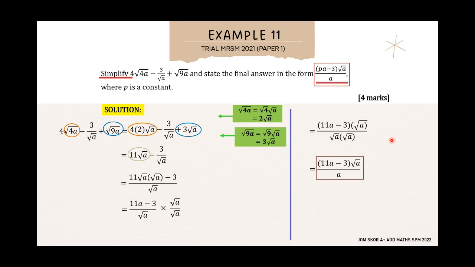So, saya akan dapat 11a minus 3 multiply by square root of a over a. Kita tengok balik, sama tak dengan form yang dia minta. Sama kan? We have pa minus 3. So, in this case, what is the value of p? Kadang-kadang soalan tanya pula, p itu apa nilai dia kan? So, nilai p adalah 11. Nampak? Compare yang dalam peta yang ni. Alright. Boleh?